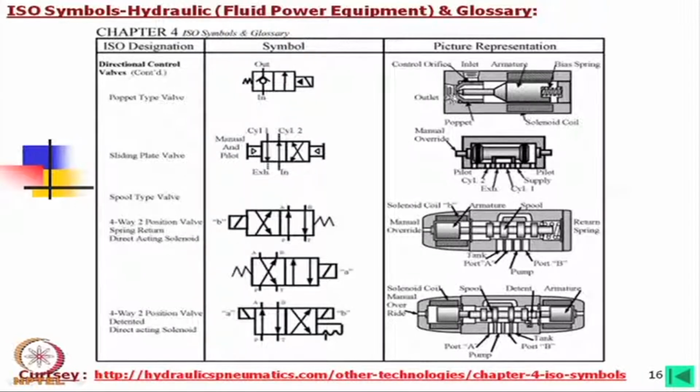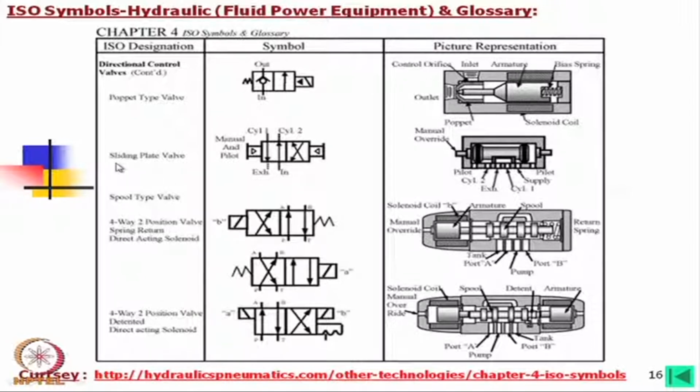That means we can push this one through this inlet and then the oil is coming in and going out when we are moving this one. So, this symbol is used for this component.